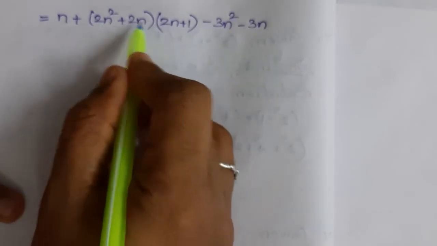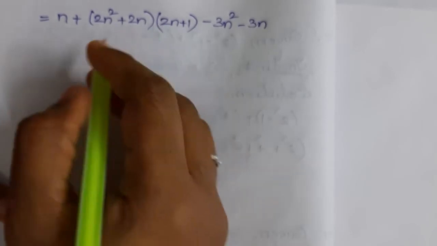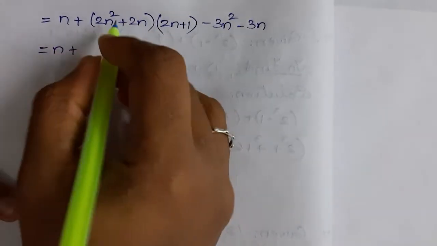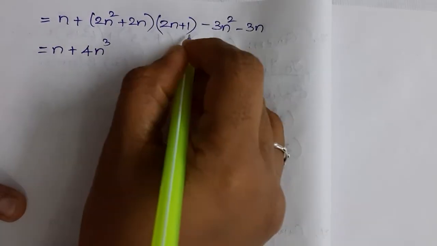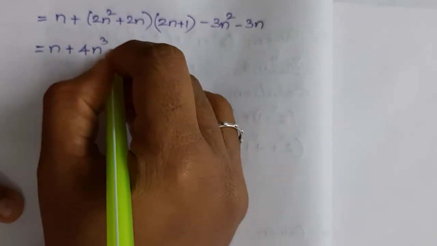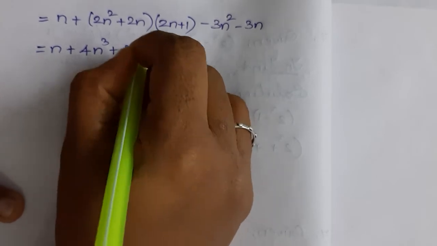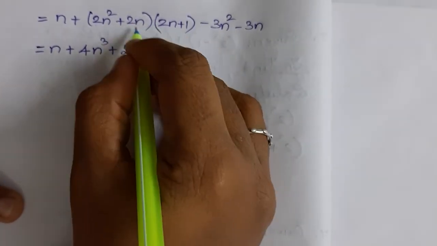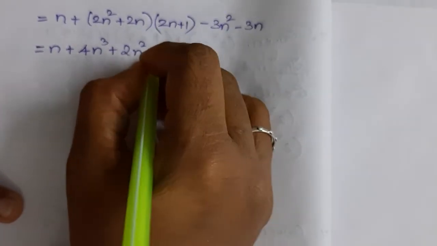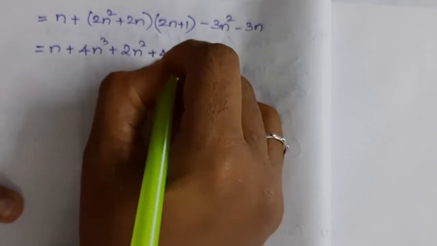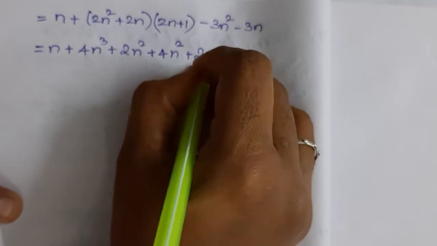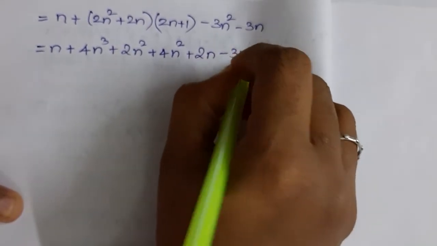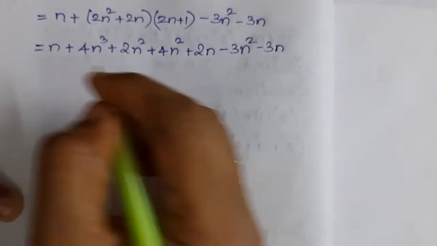Now we have to multiply still this within. So n plus 2 twos are 4, n squared into n is n cube, plus 2n squared into 1 is 2n squared. Then when you multiply the next term, 2n into 2n is plus 2 twos are 4, n into n is n squared, plus 2n into 1 is 2n. Now minus 3n squared minus 3n.